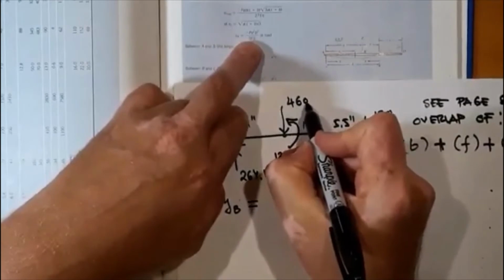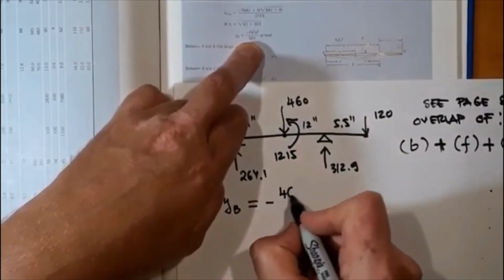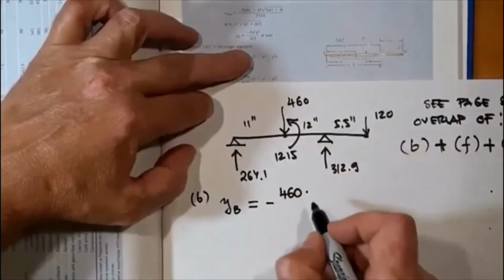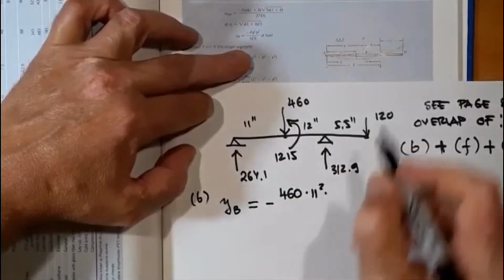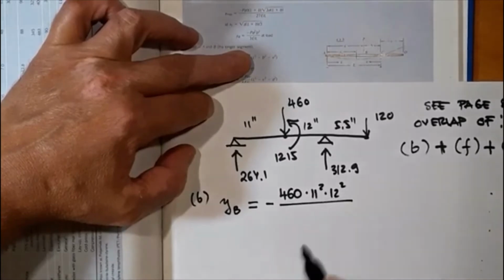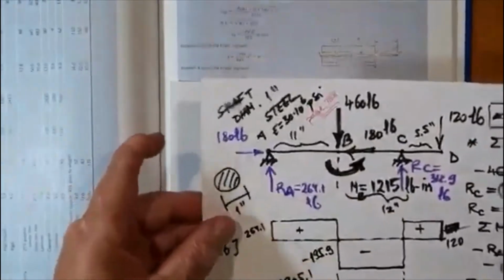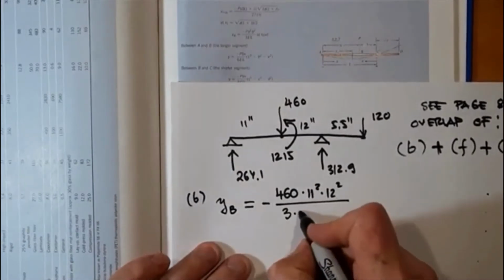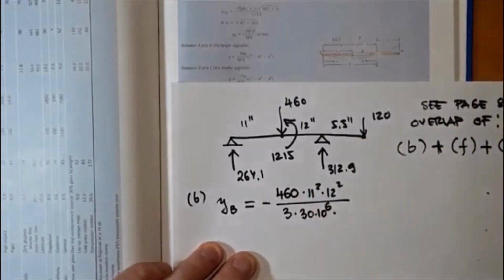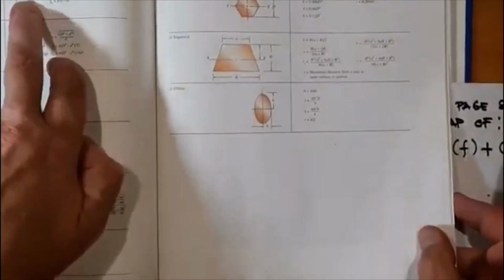P, this is my load, P for 460, so I have negative 460 multiplied by the distance A, that's 11 inches, squared, times distance B, which is 12 inches, also squared, over 3 E. We said this is a steel material, carbon steel, 30 times 10 to the power 6, times I, the moment of inertia of a round solid.